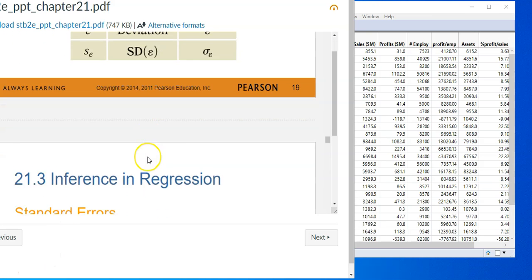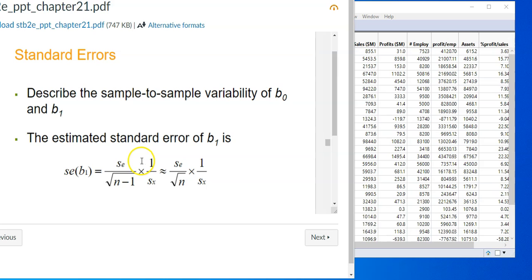Okay, so the next step is the standard errors. They describe the sample-to-sample variability of B0 and B1. The estimated standard error of B1 is the standard error, and again, what is a standard error?